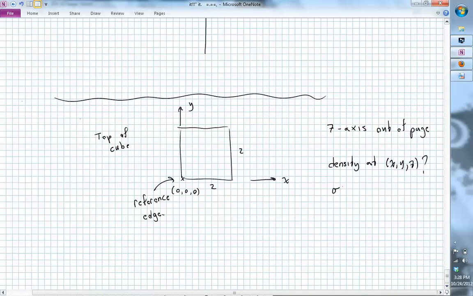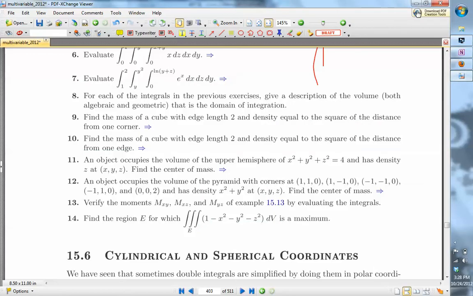So the sigma, why isn't it the square root of x squared plus y squared? Yeah, because the problem specifically said that the density was equal to the square of the distance from one edge, the reference edge. Yeah? Good.